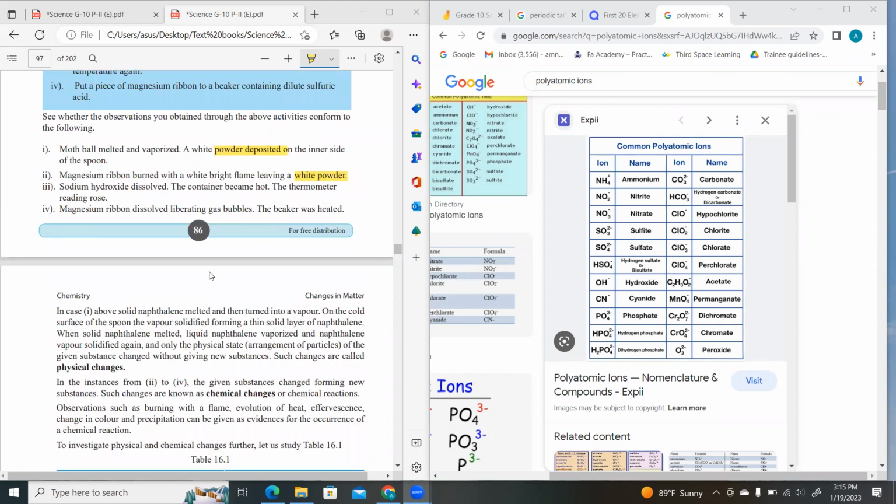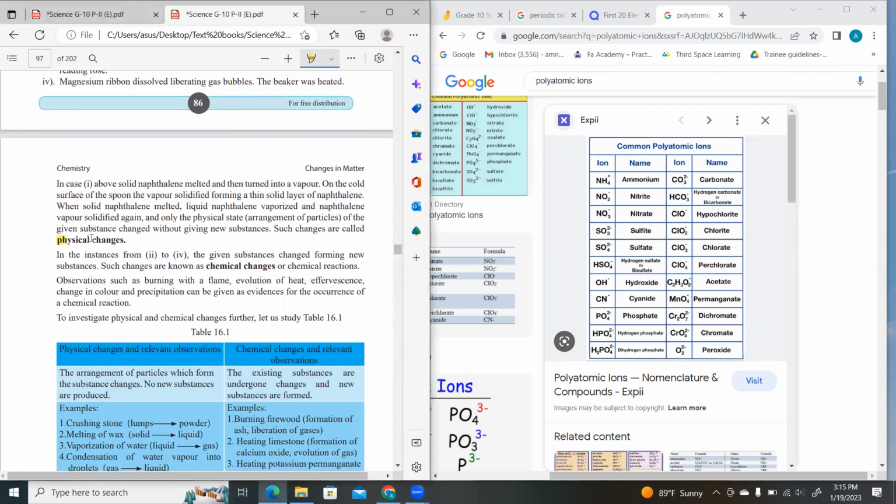Now you can see when you take reactions, there are physical changes and chemical changes. Physical changes can be observed, right? What type of changes will be physical? Can you all put down the answers in the chat? Let's see. Yeah.